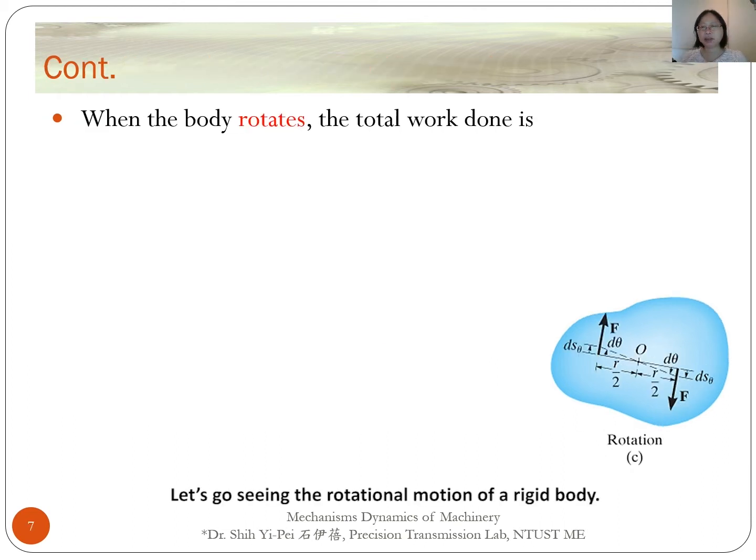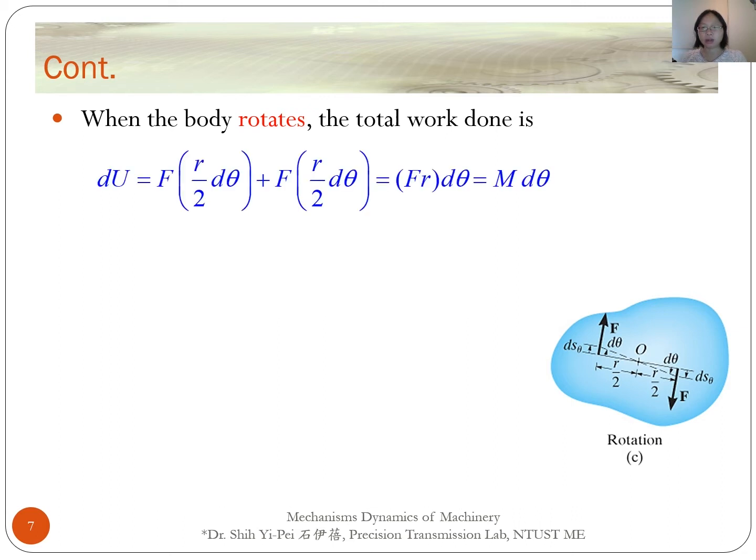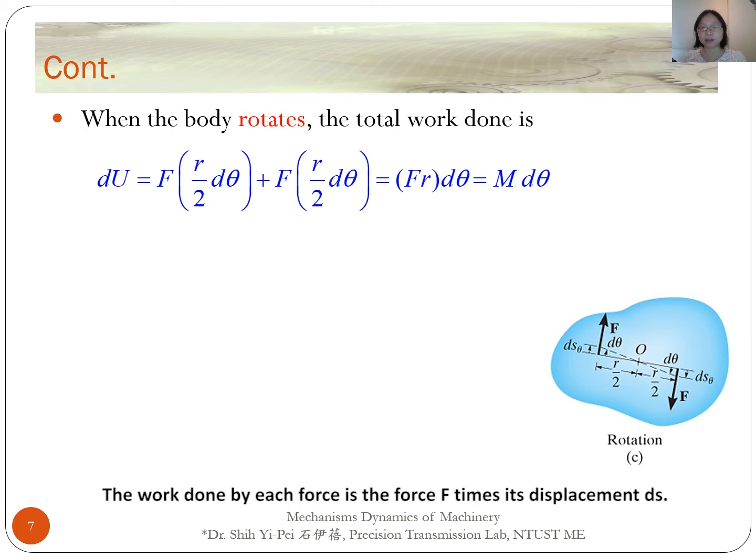Let's go see the rotational motion of a rigid body. When an object rotates by the angle d theta around point O, the work done by each force is the force F times its displacement ds.